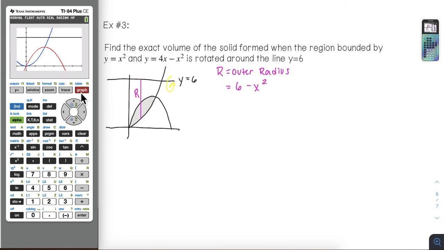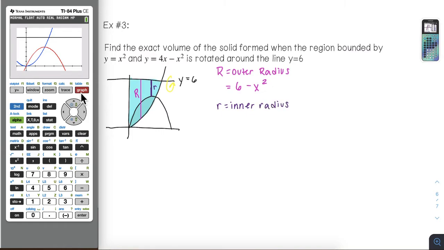So if I was just rotating this whole region here, and I didn't want a hole in the middle, then I would just have that as my volume. But now, if I was just rotating the top function here, I'm going to call this little r for my inner radius.